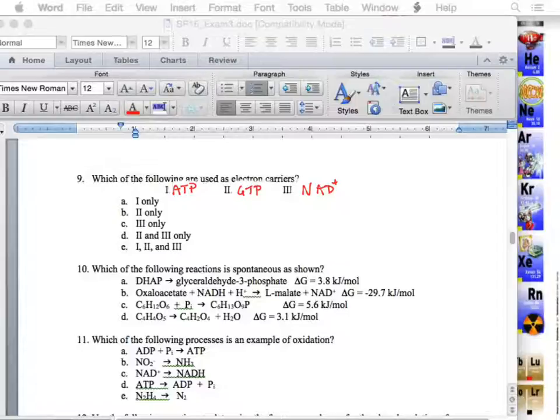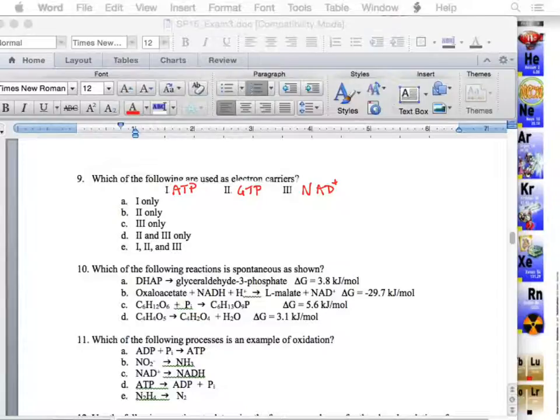Just 3. Is NAD plus carrying any electrons? No, but it can. It's an acceptor. Oh, okay, it's a carrier. It's not an electron carrier at this point because it doesn't have any electrons. Be careful if you see a question like that. Just be like, are you really doing this to me? So then it's like none of them. In that case, it would be none of those. None of those are carrying electrons.